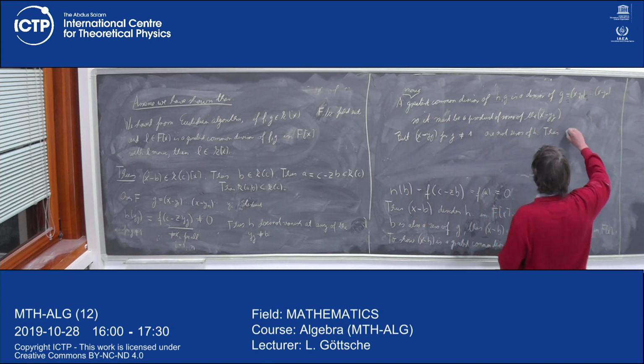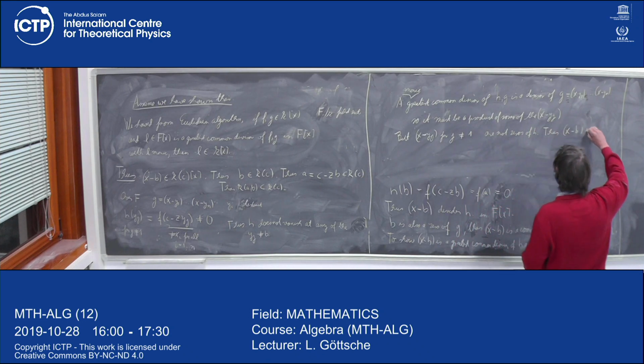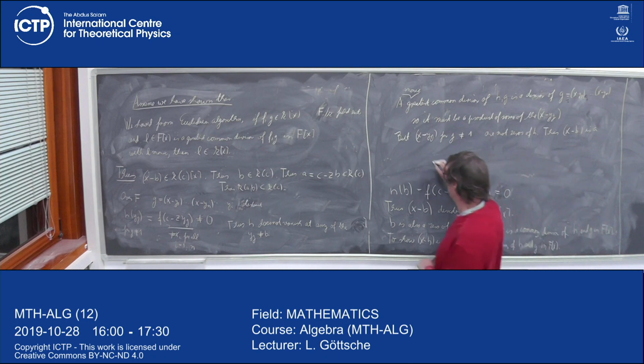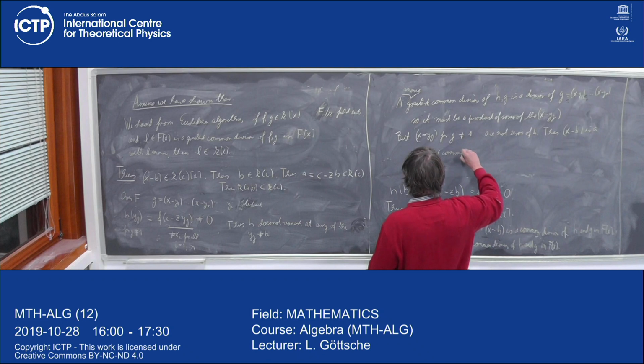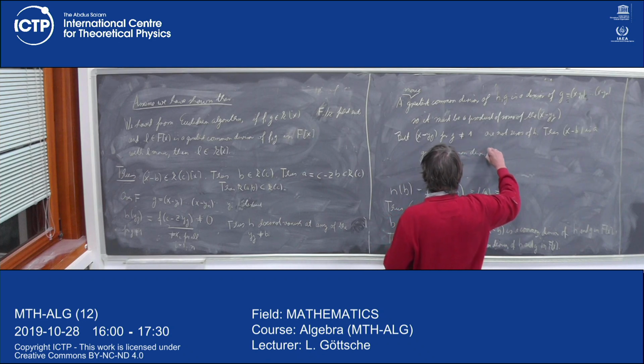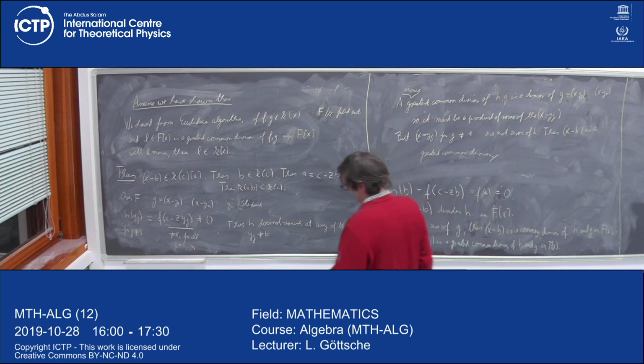Thus, x minus b is the greatest common divisor. Okay, so this is the proof.